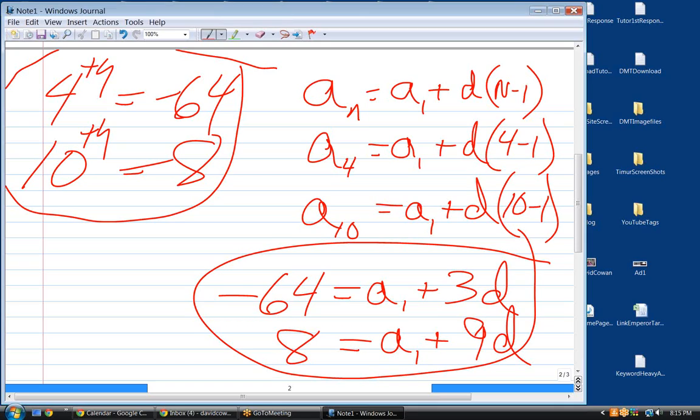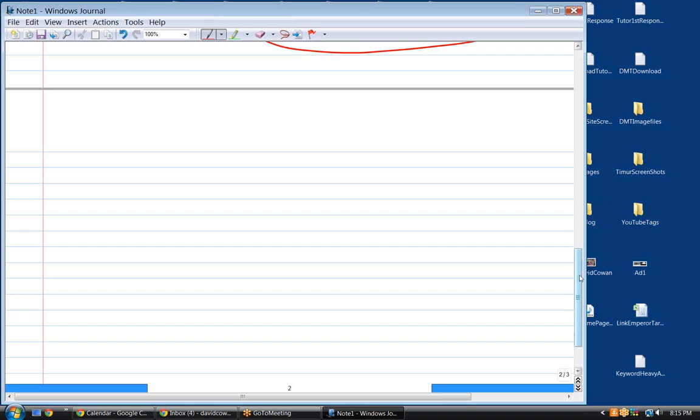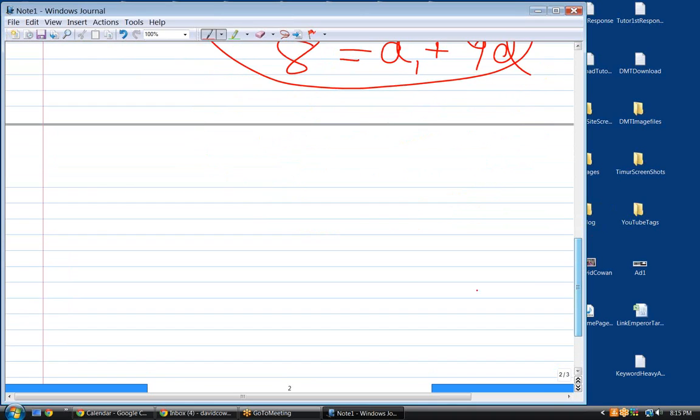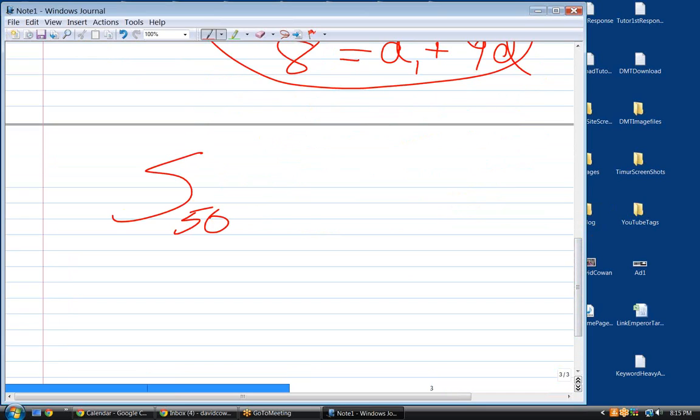And then, the next part, it just wants you to find the sum of the first 50 terms. What's the equation for the sum of the first 50 terms? N divided by 2 times a sub 1 plus a sub n.